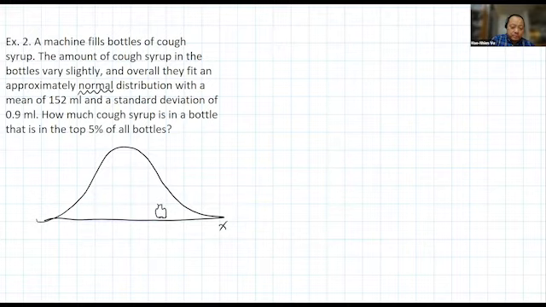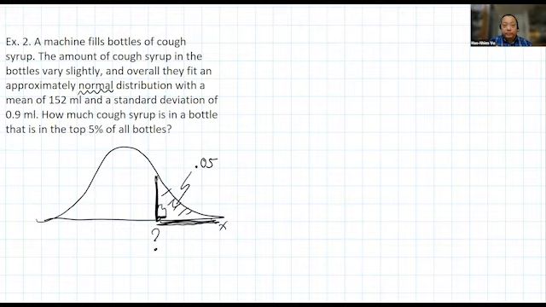So here's my bottle. And it says that the bottle is in the top 5%. So all the bottles up here are 5%, which is 0.05. I don't know how much is in this bottle. And this is the interval that goes with the area.